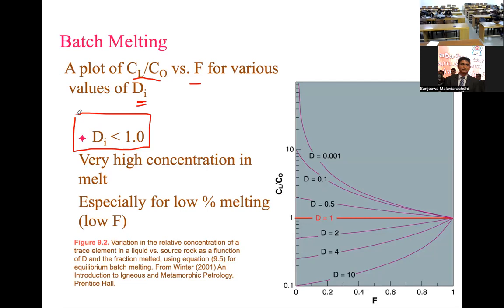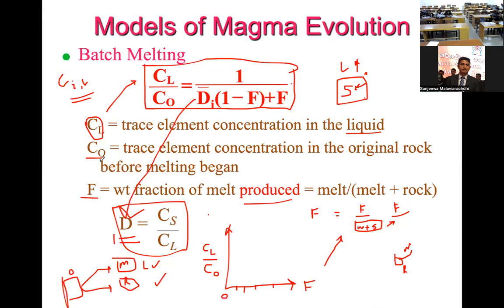To get less than 1, you always have to make the denominator bigger, otherwise you never get D less than 1.